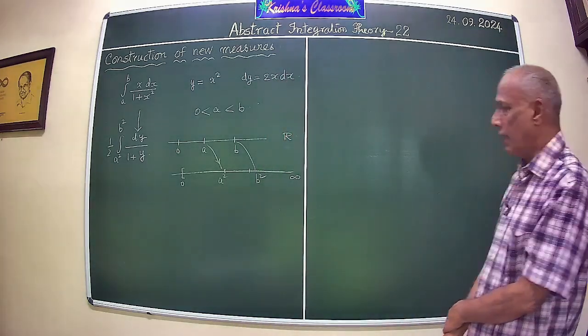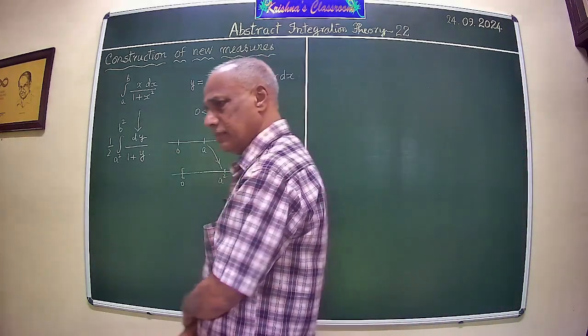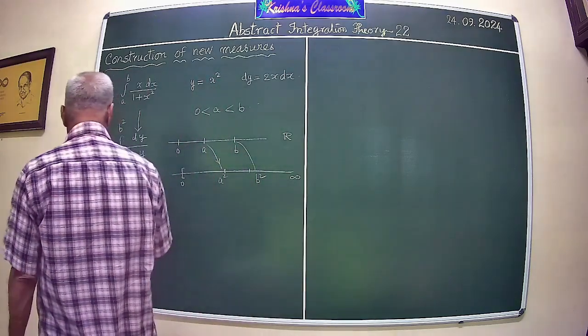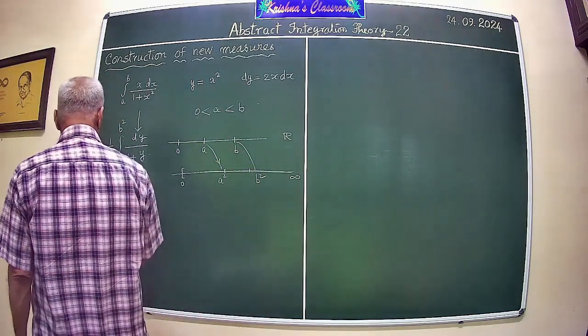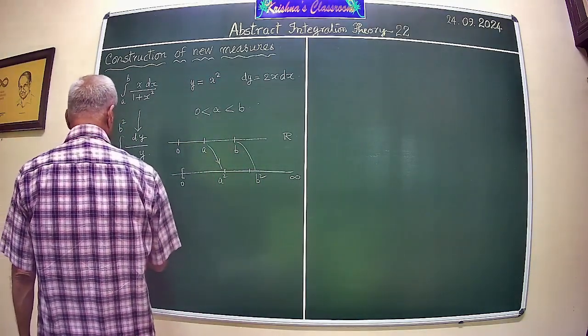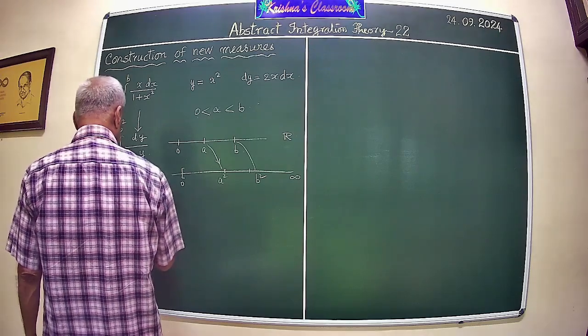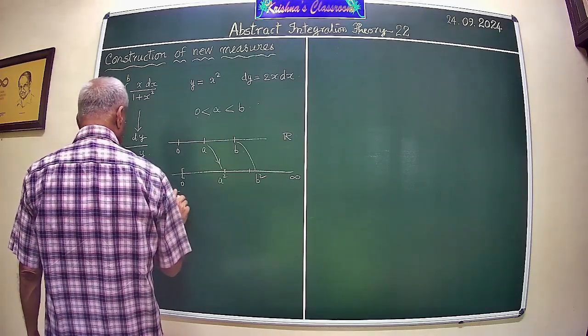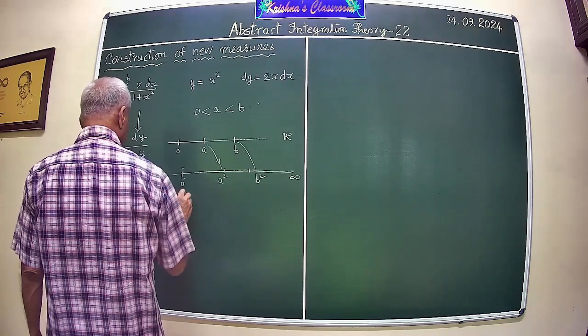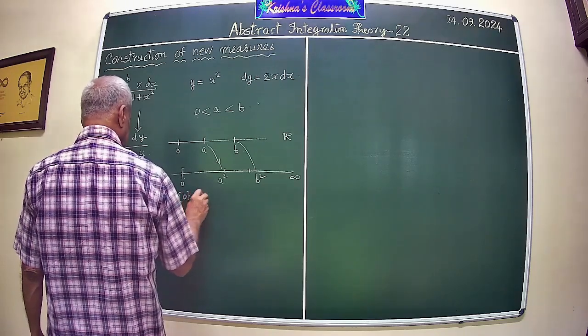So it's a map from R to R. In fact, it's a map from R plus to R plus, that is the interval.